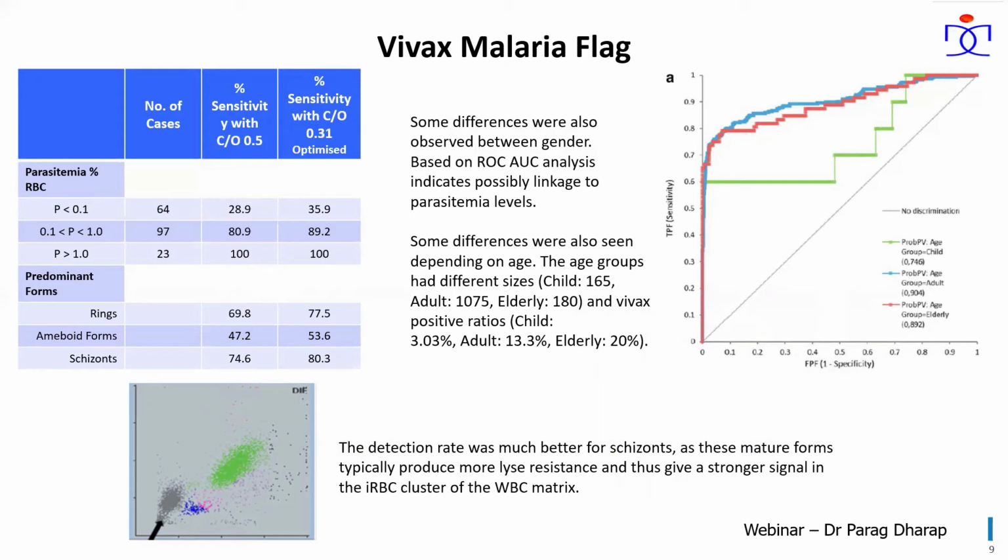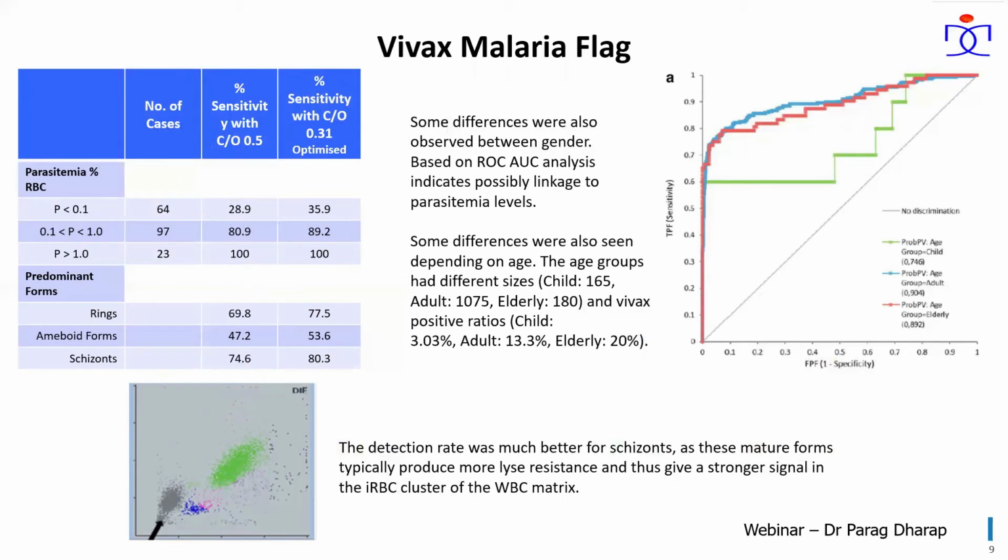There is a definite increase in sensitivity across the parasite density or parasitemia percent, and it is an increasing graph. Based on ROC-AUC analysis, this indicates possible linkage to parasitemia levels.